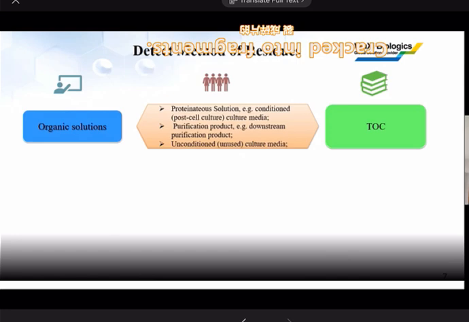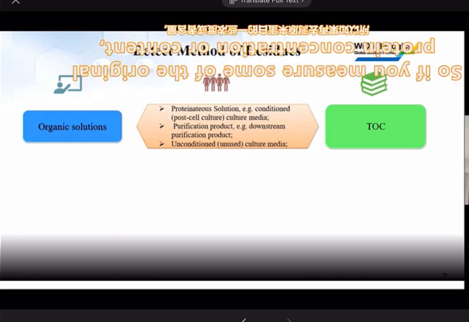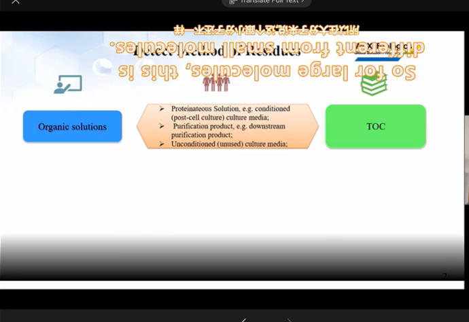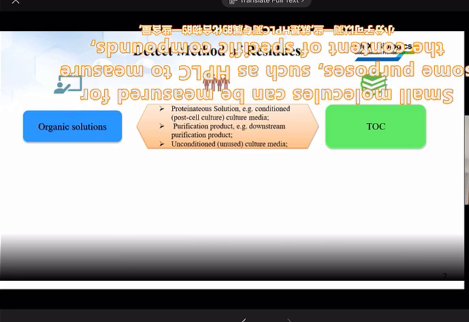Proteins are very prone to degradation or breakage in these solutions, and strong acids and bases crack them into fragments. So if you measure the original protein concentration or content, it no longer makes sense, because it has already broken into fragments.